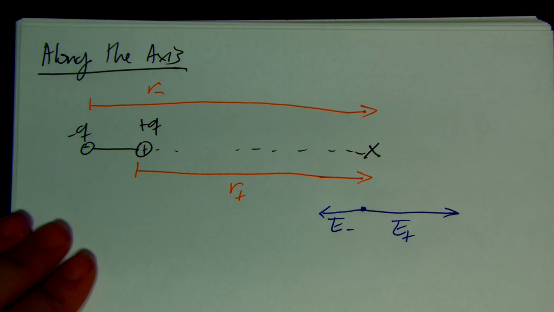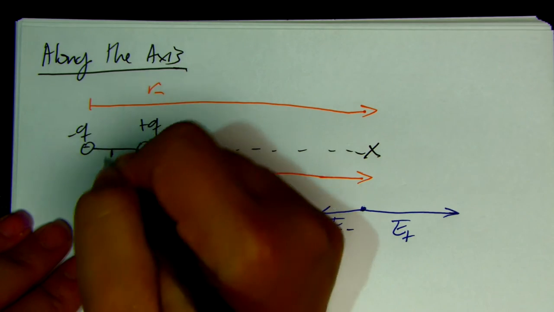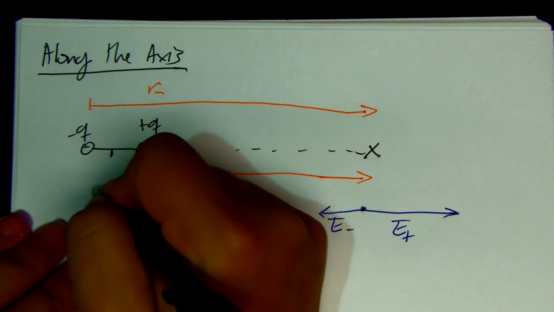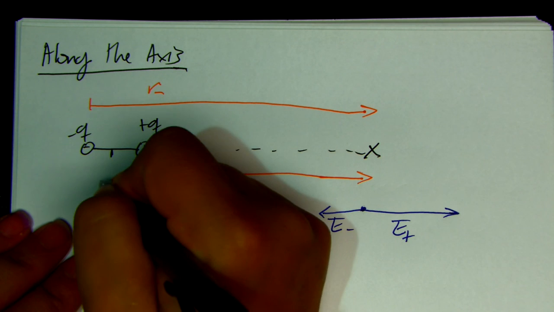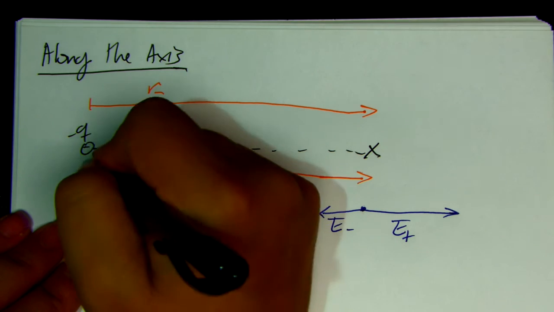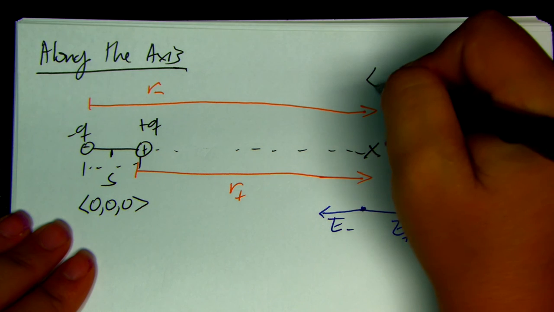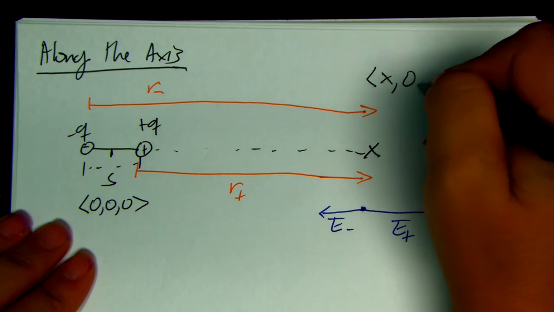Now, to set up this problem, we're going to say that the middle of the dipole is at 0, 0, 0. The separation, of course, is s, and we're going to say that our location is at x, 0, 0.